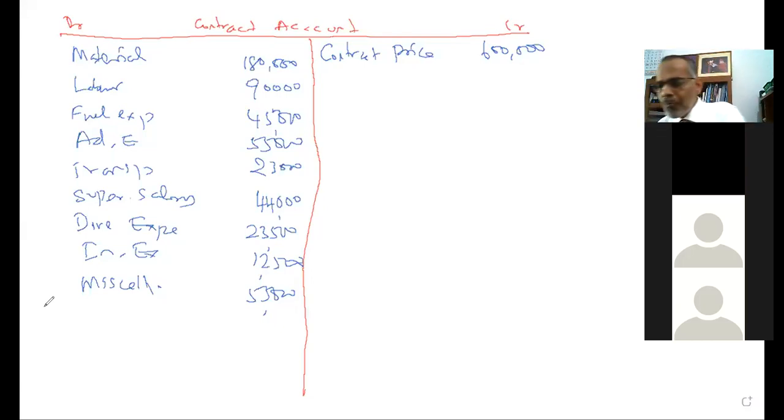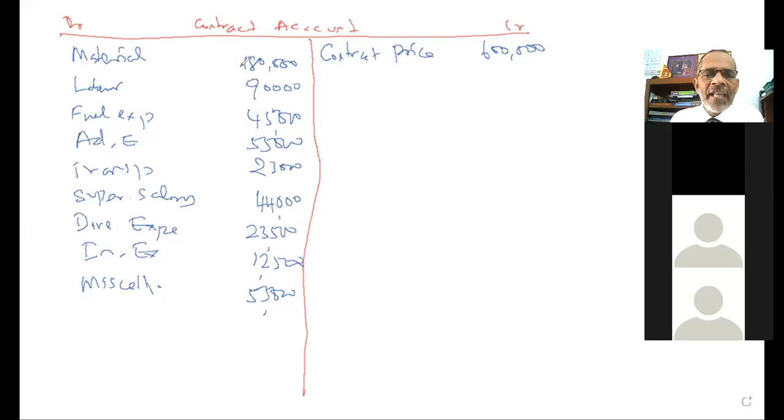Material stock at 31/3/2021 12,000. Material stock, no? Yes, sir. Right. Material stock, look at here. You got the material 180. If there is any stock, you did not utilize the entire material. Is it okay?